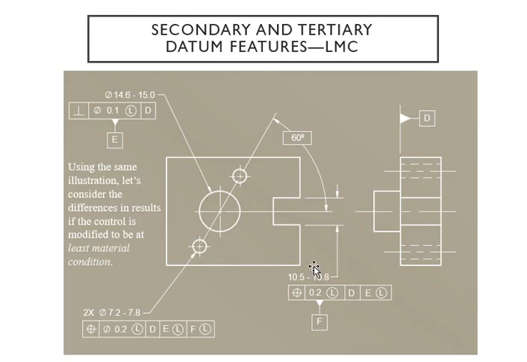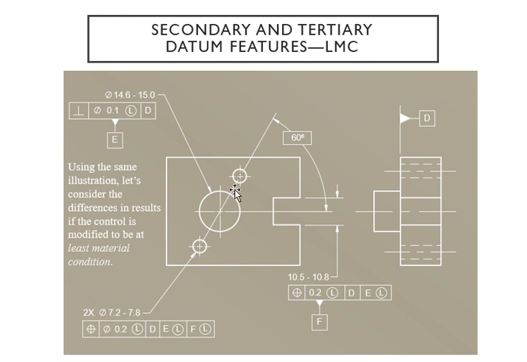So here we go back to the same part, but now the control is going to be modified because we're dealing with the least material condition. Your D, E and F, which is here, DEF, the same thing.